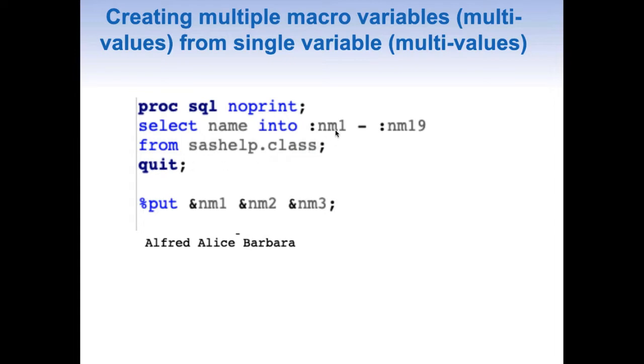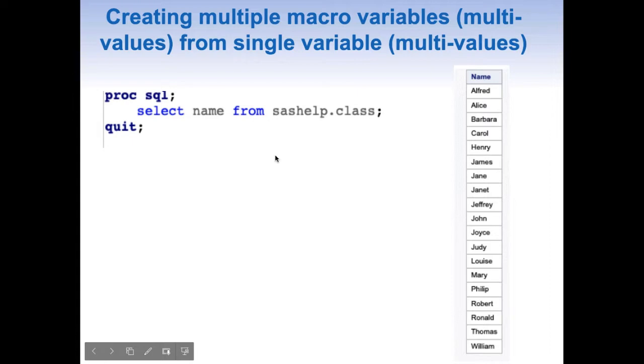What we are telling here is that I want to create 19 macro variables starting from nm1 and ending at nm19, which means my first macro variable should be nm1, the second nm2, nm3, nm4 up to nm19.